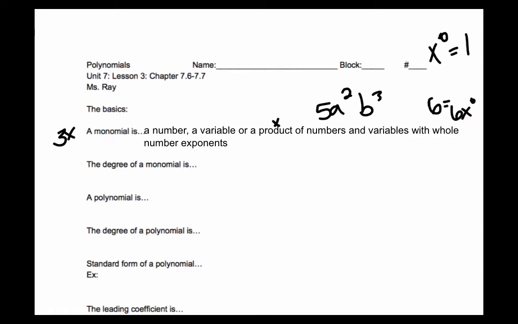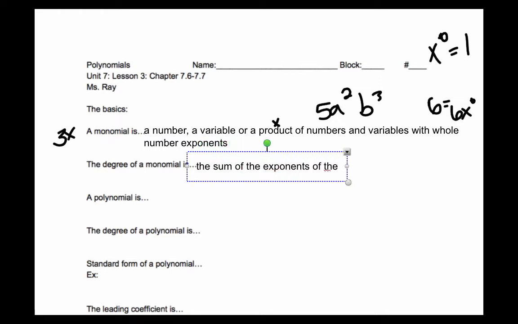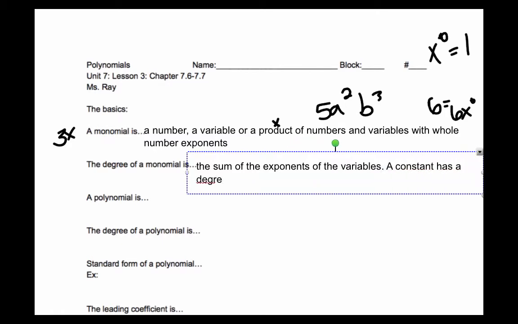All right, the degree of a monomial. The degree of a monomial is the sum of the exponents of the variables. A constant has a degree of 0.